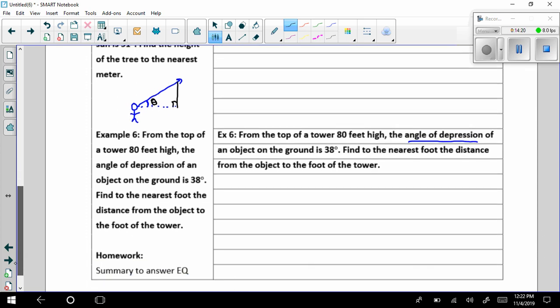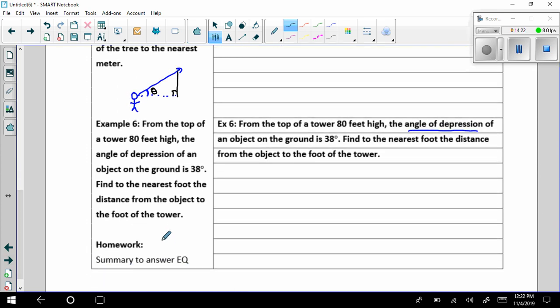All right. And then your angle of depression would be like if you're standing up high, so again, you have your direct line of sight, and now you're looking down, and you're looking down at the water or something.